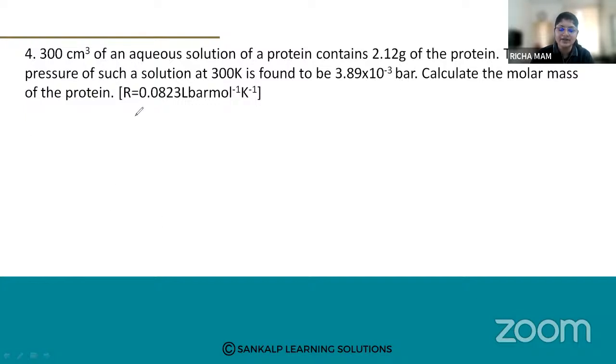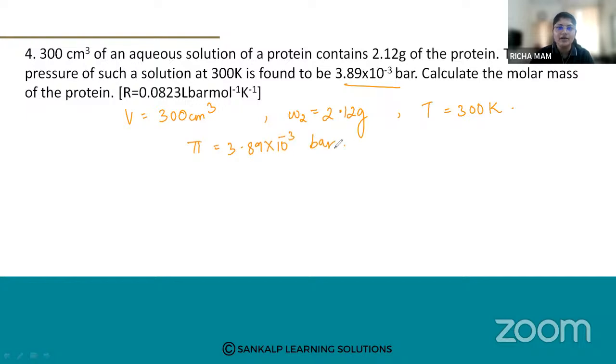Volume is 300 centimeter cube, W2 mass of the solute is 2.12 grams, temperature is 300 Kelvin, osmotic pressure pi is 3.89 into 10 raised to minus 3 bar. You have to calculate the molar mass of the solute.